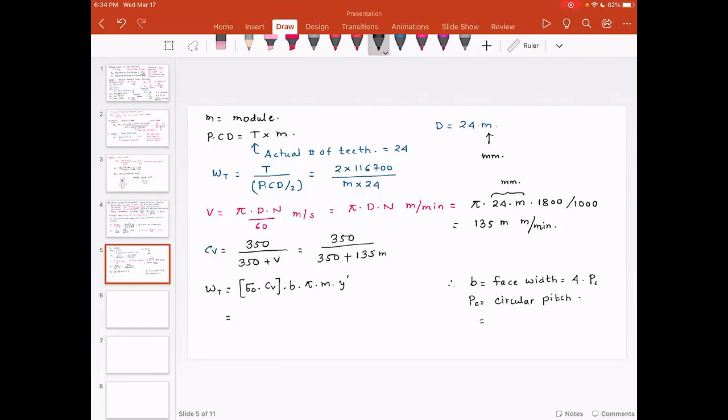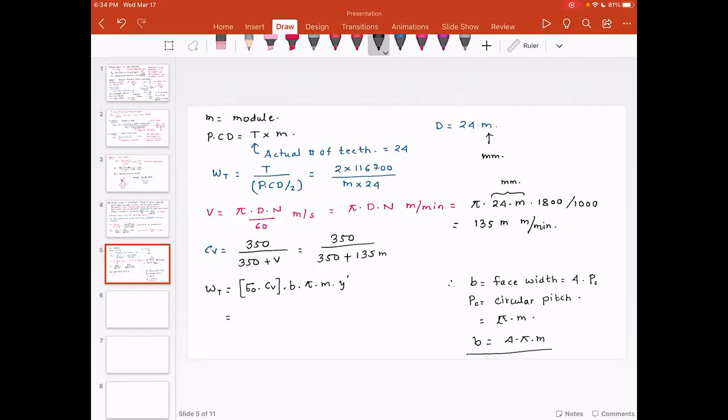And circular pitch is nothing but pi times module. So B is equal to 4 pi m. So this equation we want to use.